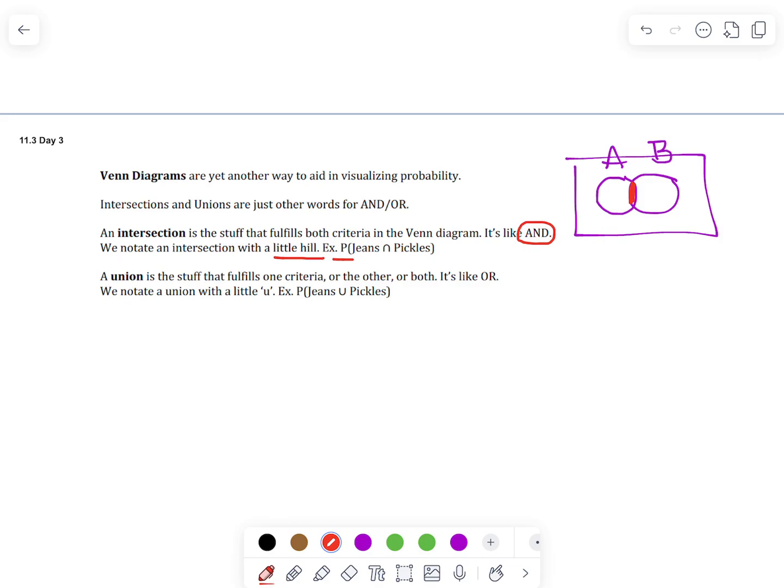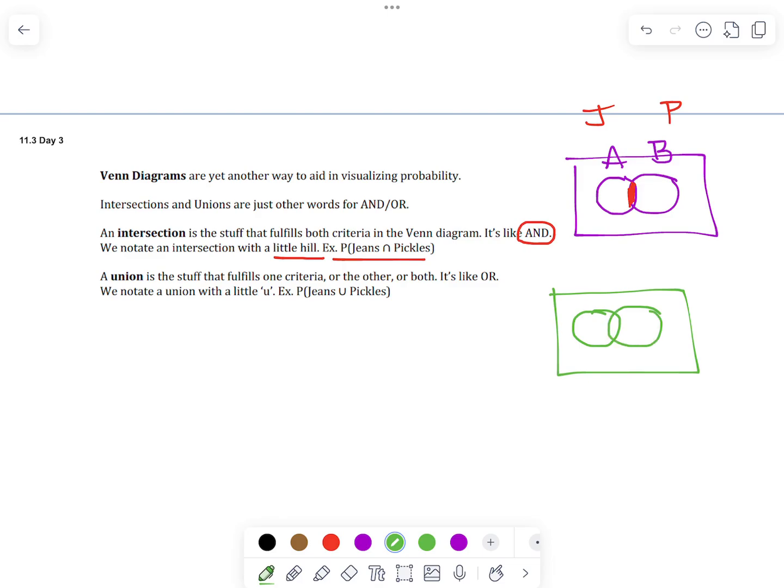An example would be jeans and pickles, so here's jeans and pickles, and that's the overlap. The second notation is union. Union refers to "or."